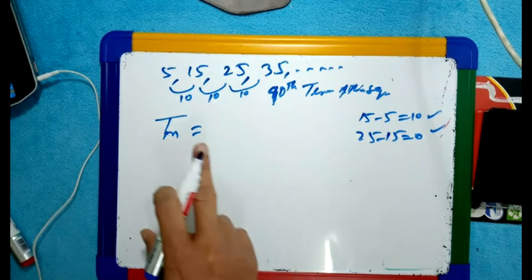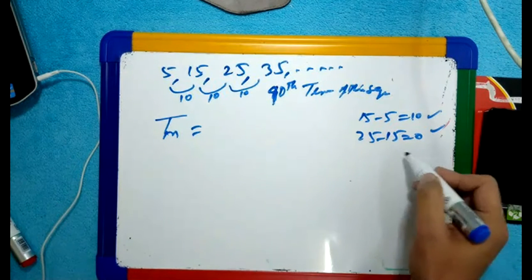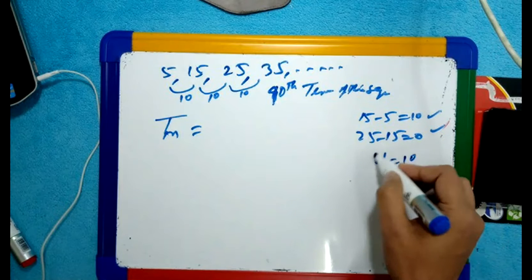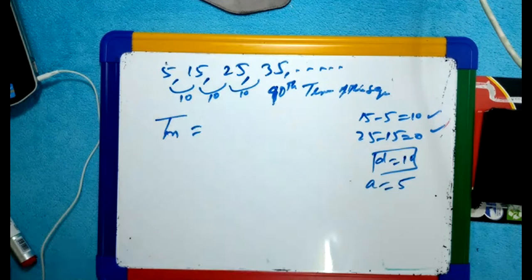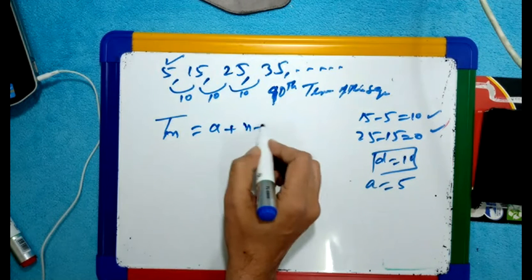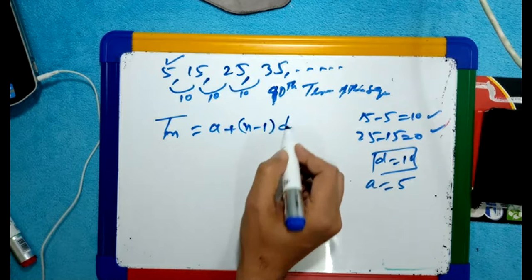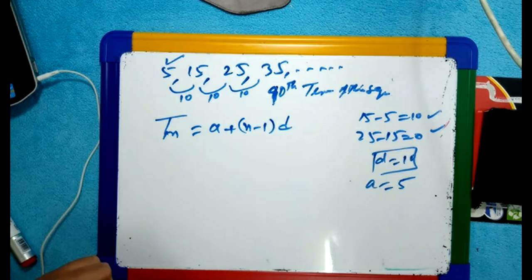This is called the difference, D. So D equals 10 and A equals 5. The formula for the nth term of an arithmetic sequence is A plus n minus 1 times D.